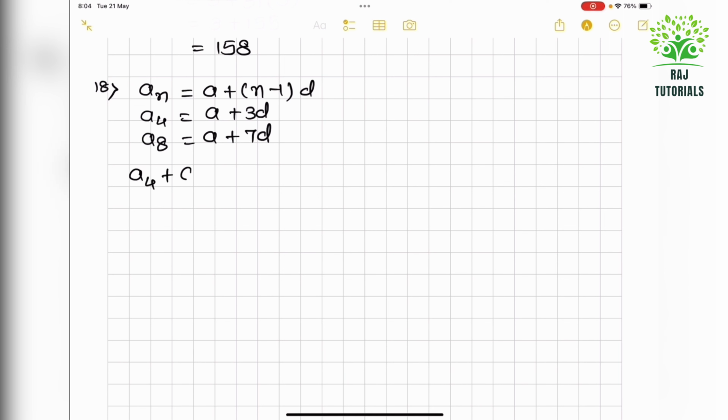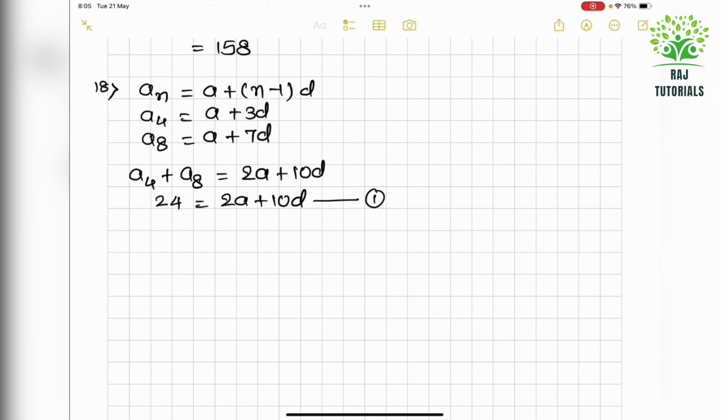So A4 plus A8 equal to 2A plus 10D. So 24 equal to 2A plus 10D. This I am taking as equation 1.